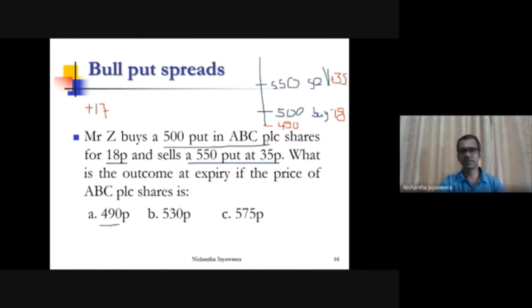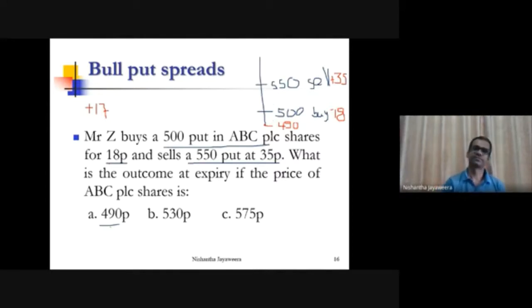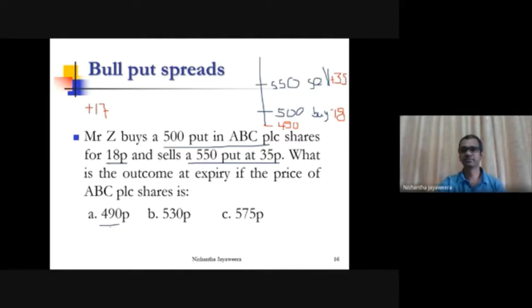If the ABC price is at 490 on expiry, what is the outcome? Will you exercise your right? Yes or no? No. Why? Less than 500. What is less than 500?